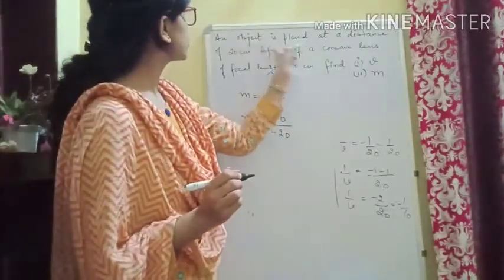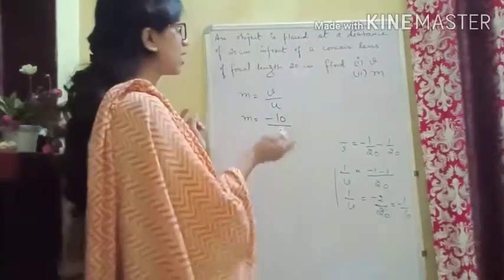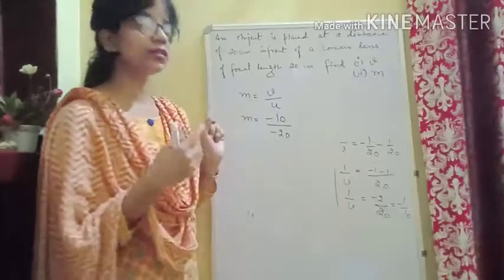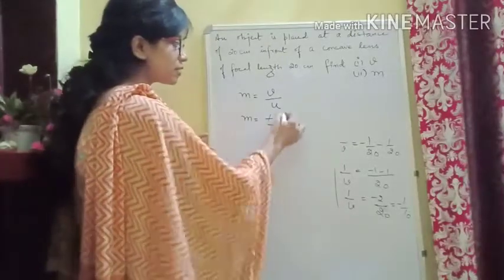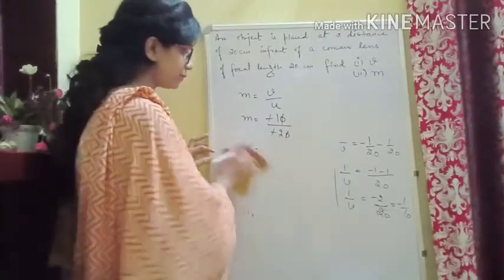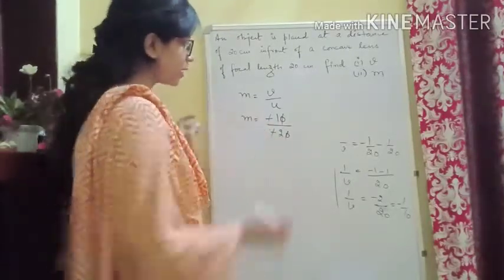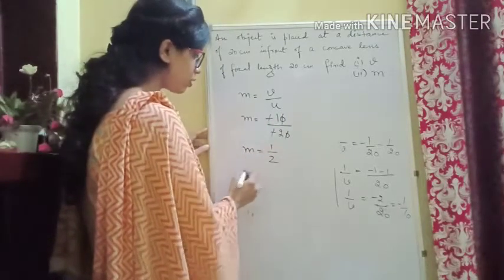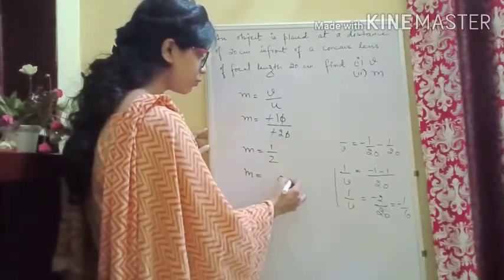The object is placed at a distance of 20 centimeter, and since the signs are negative, we will be putting the values with sign. So this minus and minus cancel, 10 and 10 cancel, 0 and 0 cancel. So M is 1 upon 2, or simply M is 0.5.